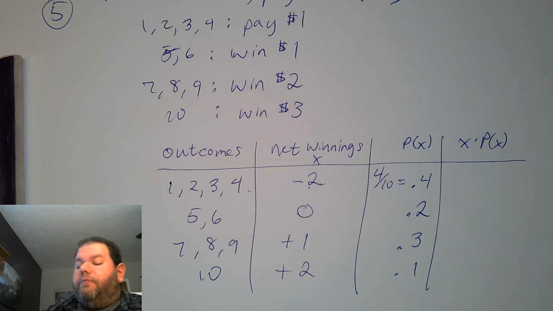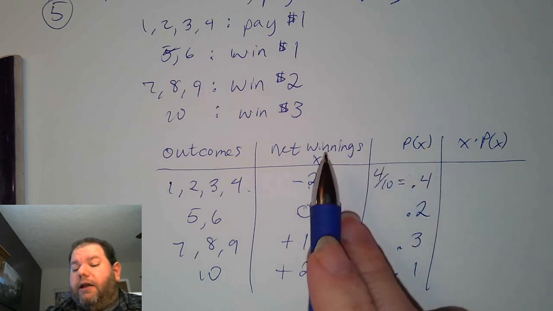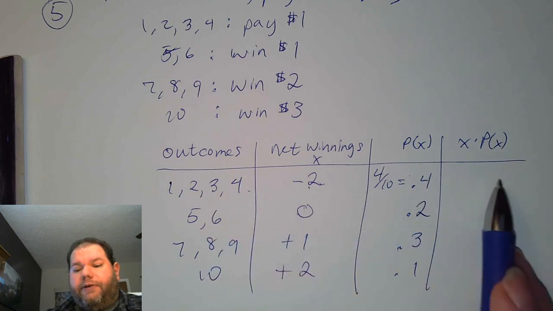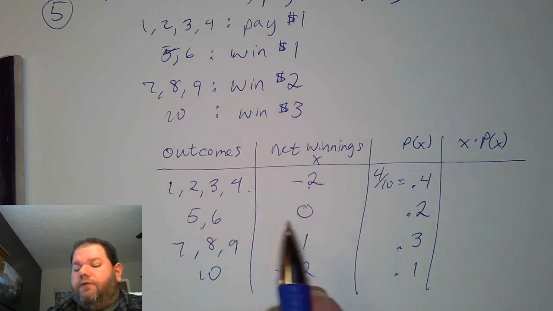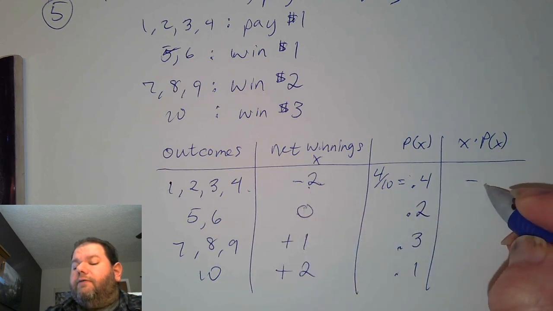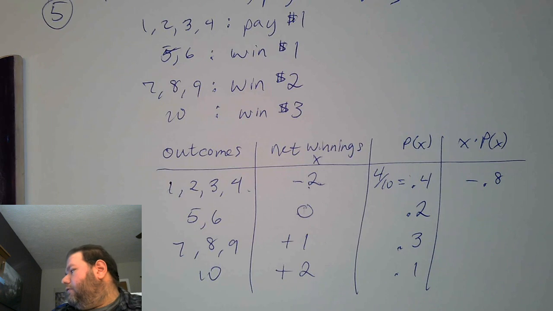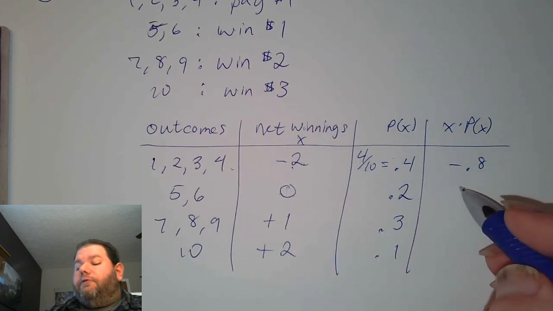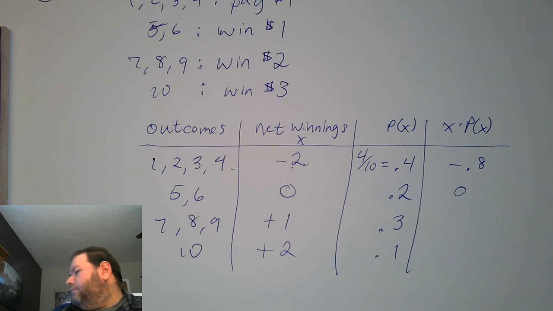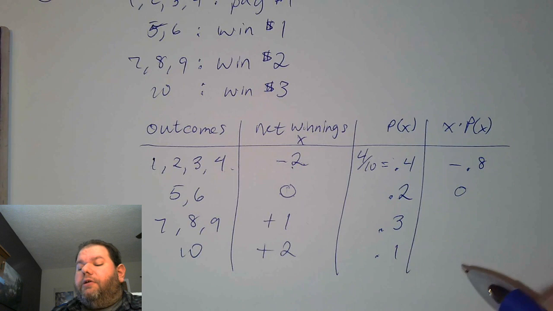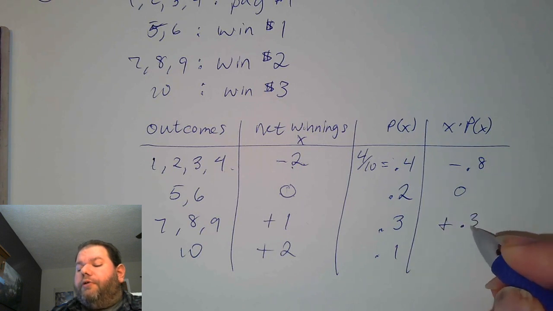Okay. And now we multiply x times p of x for each row and put the answer in the last column. So for the first row, negative 2 times 0.4 is negative 0.8. 0 times 0.2 is 0. 1 times 0.3 is 0.3.